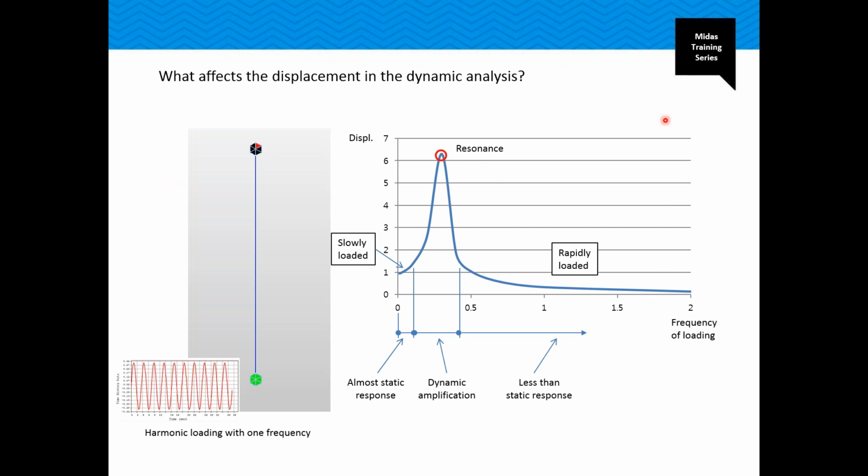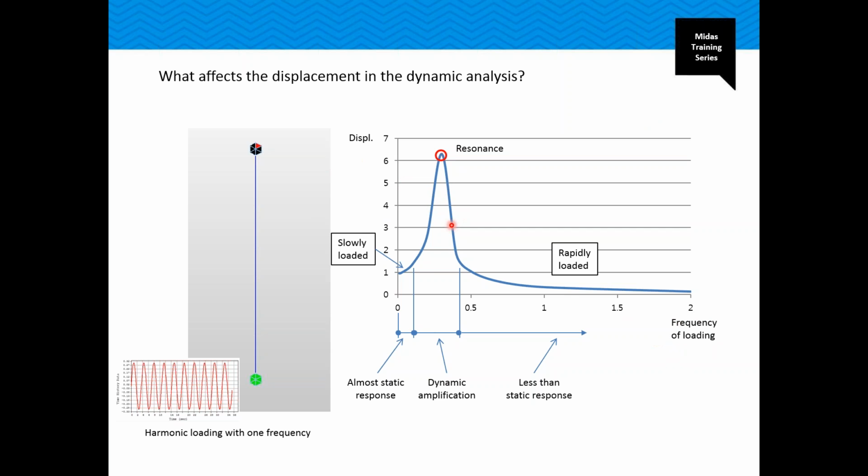In static analysis, the magnitude of applied loads affects the magnitude of displacement. In dynamic analysis, not only the magnitude of loads, but also the speed of loading or the frequency of loading affects the displacement. When the frequency of load comes near to the frequency of the natural mode, the displacement becomes larger than the static response due to dynamic amplification.